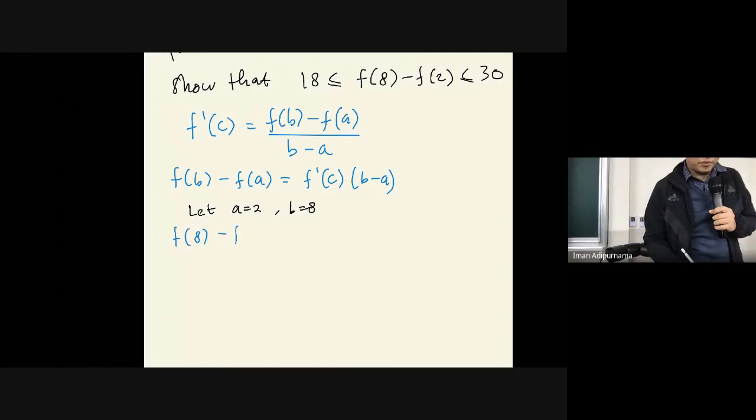So f(8) minus f(2) is 6 times f prime c.